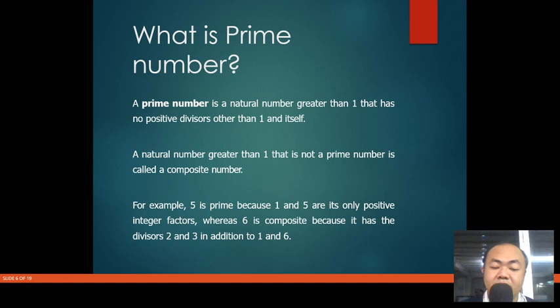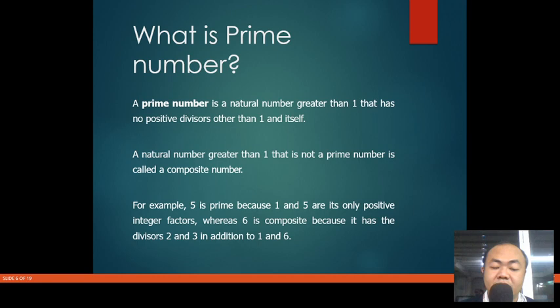You have 4 factors for 6 and 2 factors for 5. As long as it has 2 factors, we can call it a prime number. If it has more than 2 factors, it means a composite number. Another example, 7 is prime because it has just 2 factors, 1 and 7.